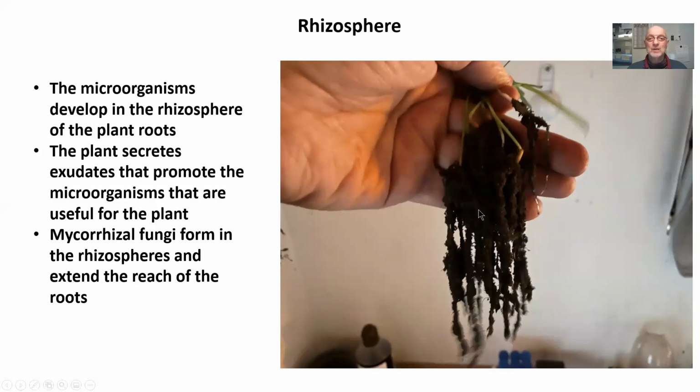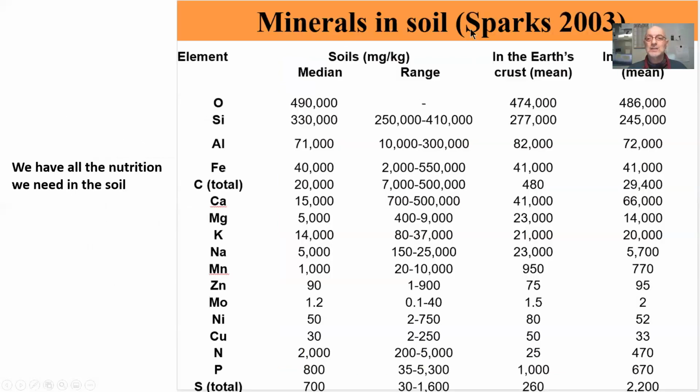A little bit about what's in the soil. This is the mineral content in the soil, Sparks 2003. And the headline here is, we have all the nutrition we need in the soil. By soil here, I'm talking about sand, silt, and clay, as the actual texture, as we call it in the soil. Sand, silt, and clay contain all of these nutrients, and of course many more.